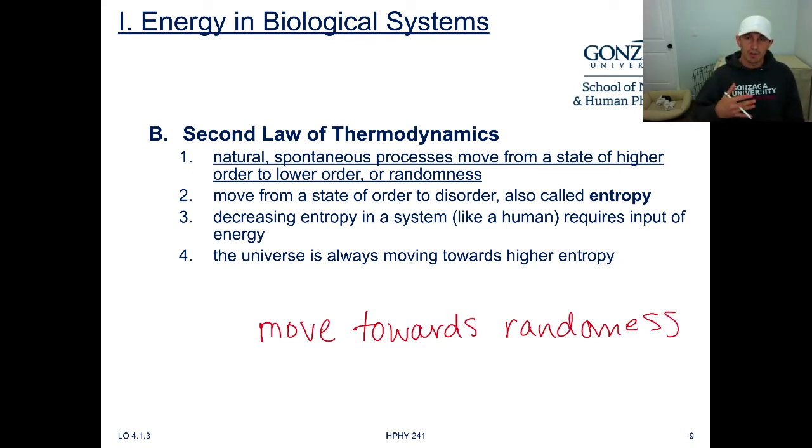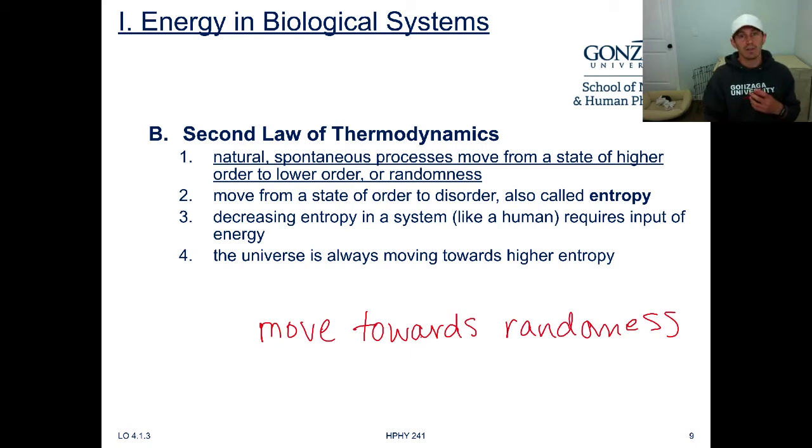This concept is what we call entropy. So when you're creating more randomness, more chaos, which is another word you'll probably hear me use when I refer to the second law of thermodynamics, you're creating more entropy. If you want to decrease the entropy in a system, like a human, then it requires the input of energy.